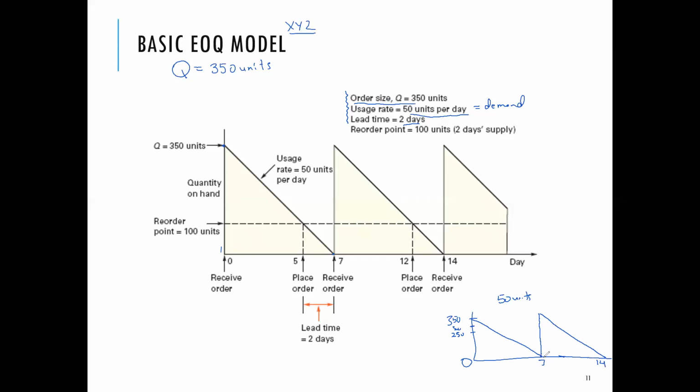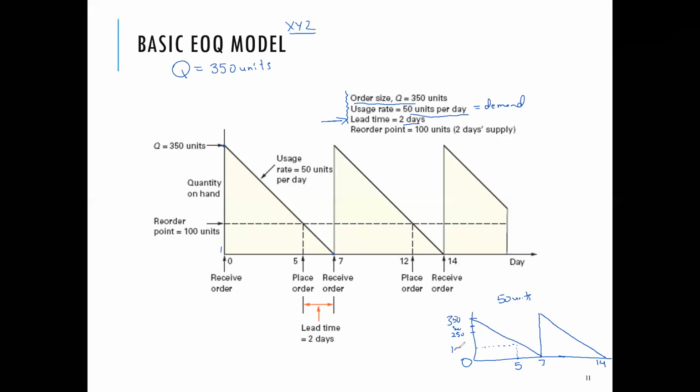Now, since our lead time is 2 days, we should place our first order on day 5. Because if we place an order on day 5, by day 7 we would have received those 350 units. When we place the order on day 5, how many units do we have left in stock?